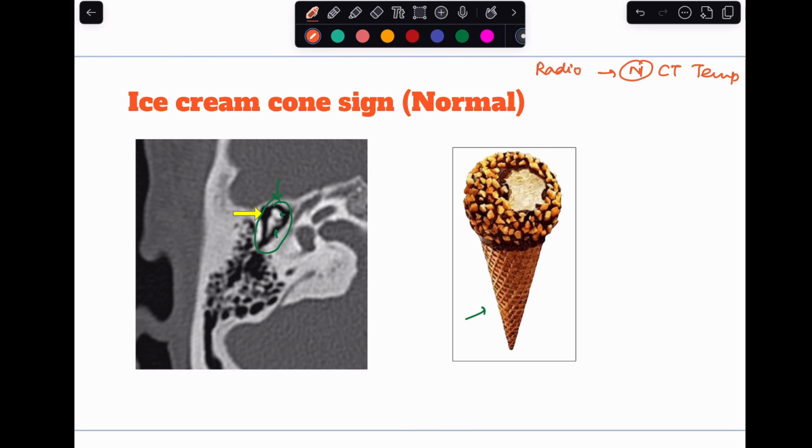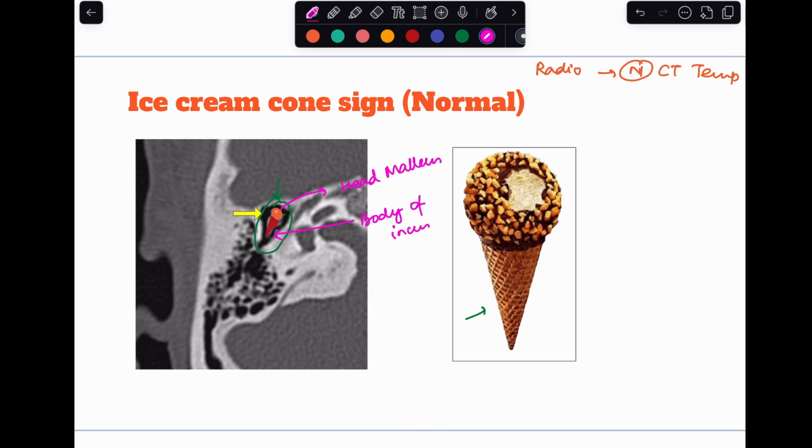What is it exactly? The first thing that you see is the scoop, and the second part is the cone. The scoop over here is the head of the malleus, and the cone part over here is the body of the incus.